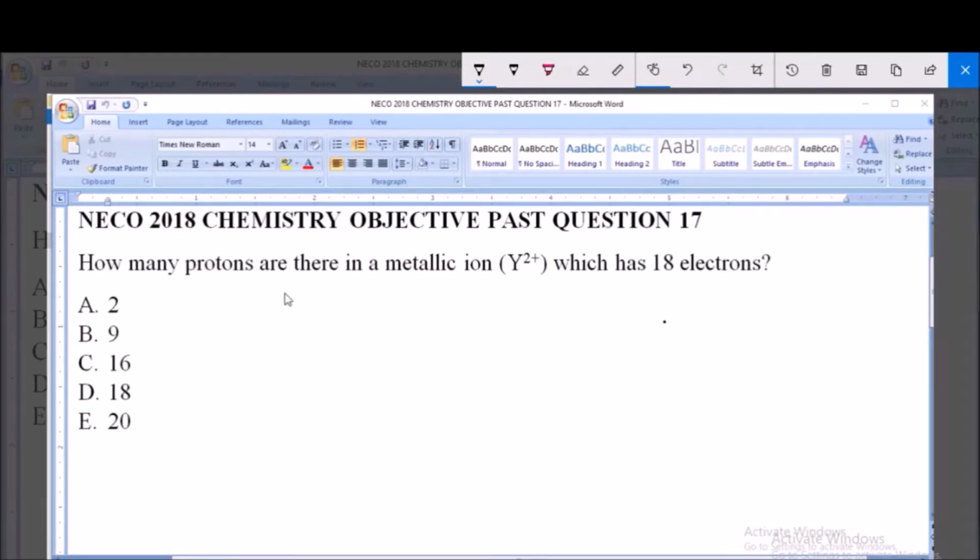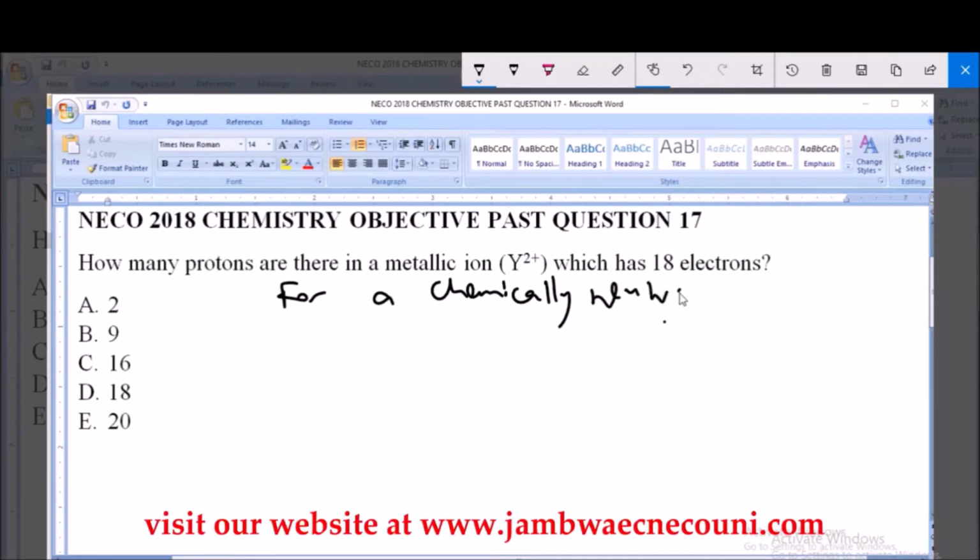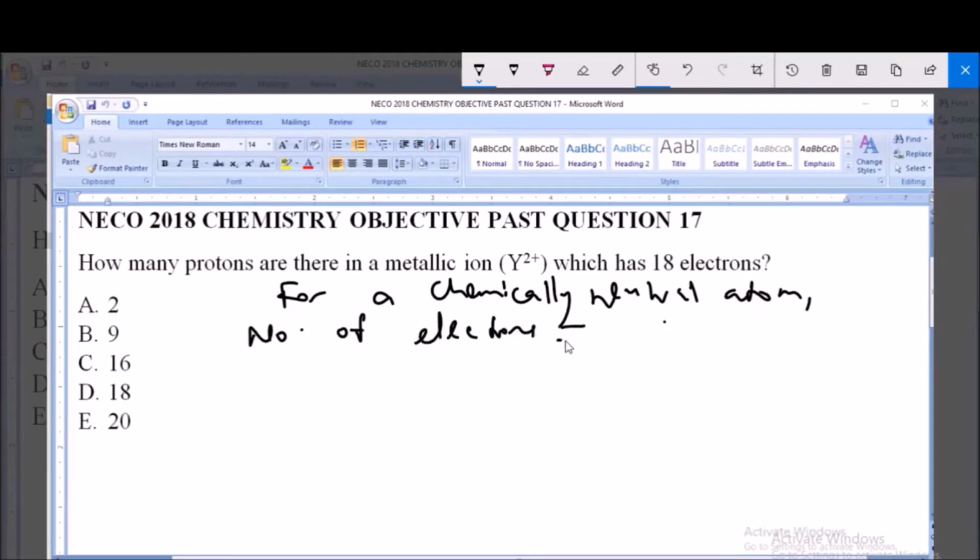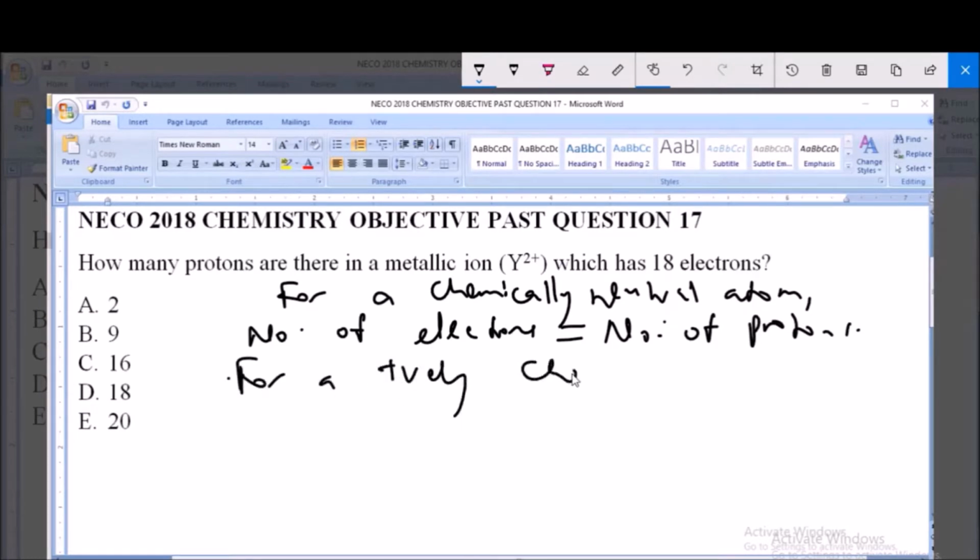So in order to solve this question, you say for a chemically neutral atom, the number of electrons will be equal to the number of protons. However, for a positively charged ion, electrons have been lost.